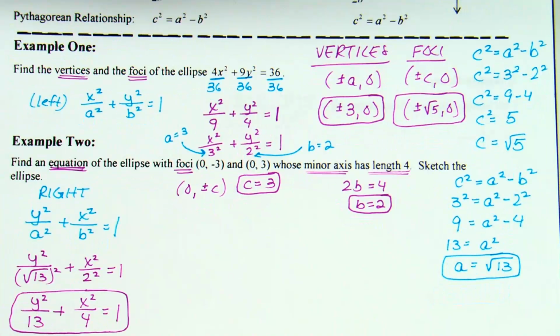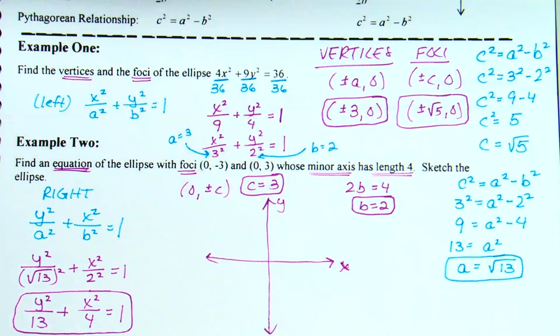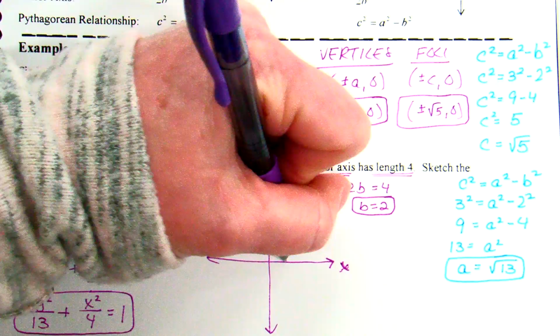Are we ready to draw it? Now, we are only dealing with an ellipse centered at 0, 0 right now. Okay, so we don't have to worry about anything fancy there.